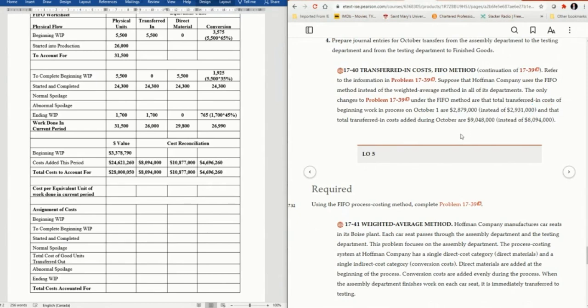Does that make sense? Yes. Thank you, Professor. Sorry, I should have been more clear on that. So yes, that's where this number came from. It was this one down here for materials, which was slightly different.